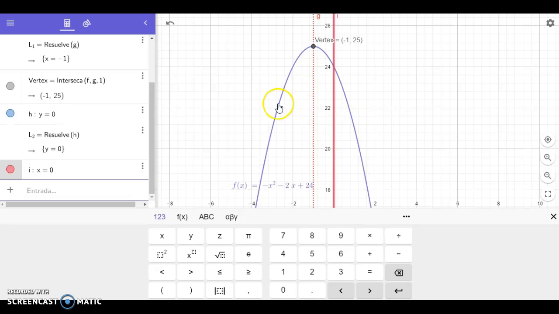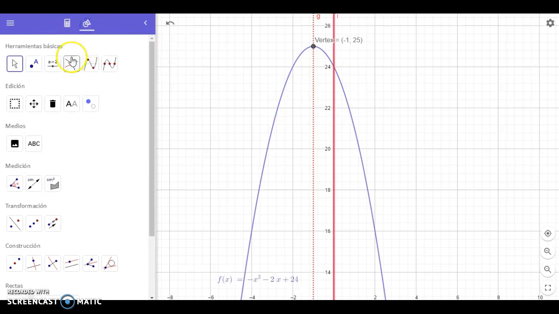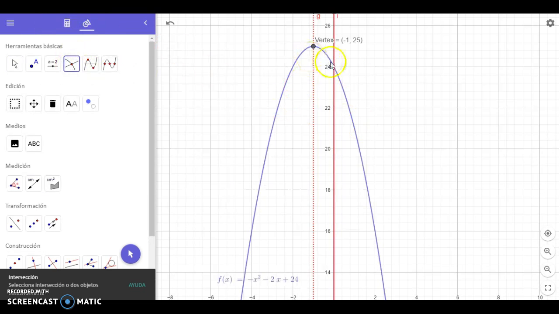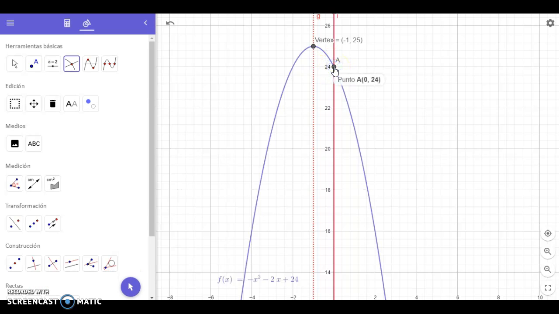So next up, we're gonna go to intersect again. We're gonna click exactly where the function tells us to, and it's exactly where x is equal to 0. So this is the y-intercept, since you can see that the line goes through x equals 0 right here.